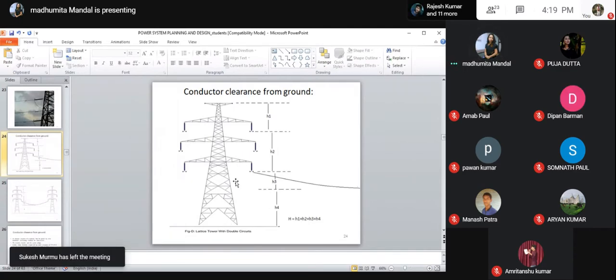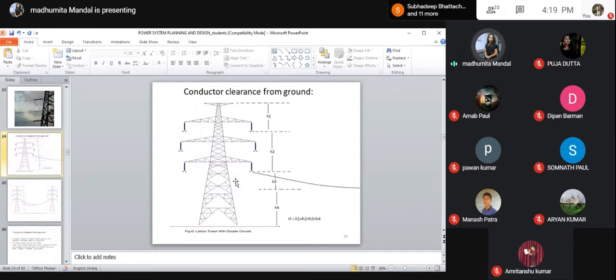If we take this particular supporting tower into consideration, we can see that this is a lattice tower with double circuits. Basically, six conductors are attached on both sides of the tower vertically.